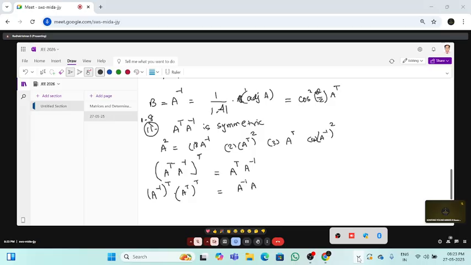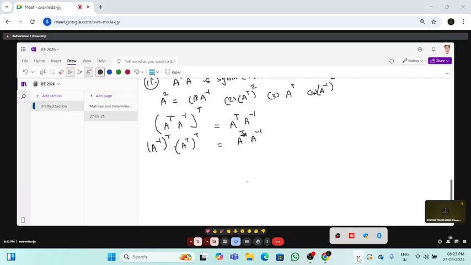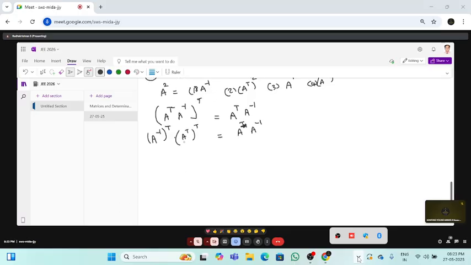Now this A transpose transpose, if you transpose and again do a transpose, it will become A. Now A inverse transpose, we can also write as A transpose inverse.